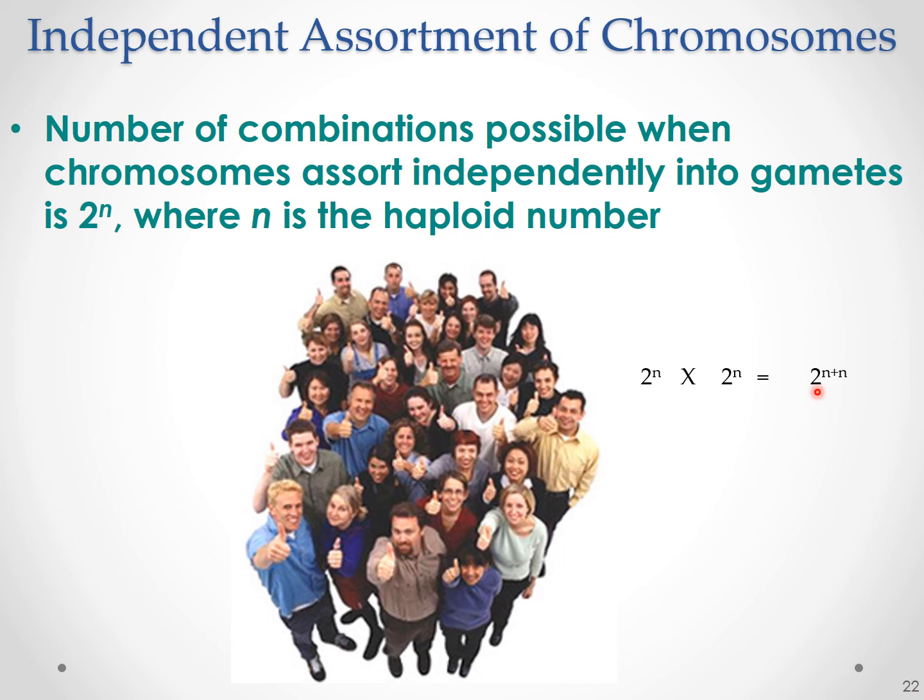This is part of how we become so different. Put the numbers to it, 2 to the 23 times 2 to the 23 is 2 to the 46 different possible combinations of chromosomes as they line up at the equator. Now that's one source of variation.